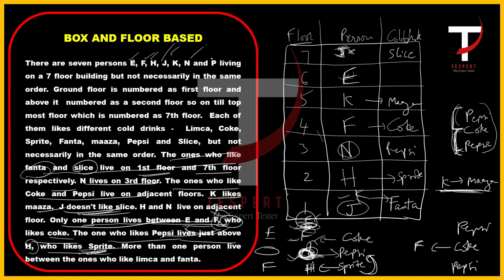Yeah, N is on the third floor, and P. So P is the remaining one, so P comes here. P likes Slice, right? So the one cold drink which is left is Limca, right? So Limca will be placed here on the 6th floor. So J doesn't come here, P comes here.